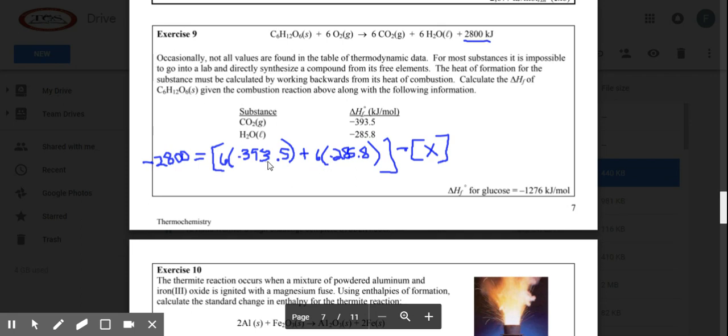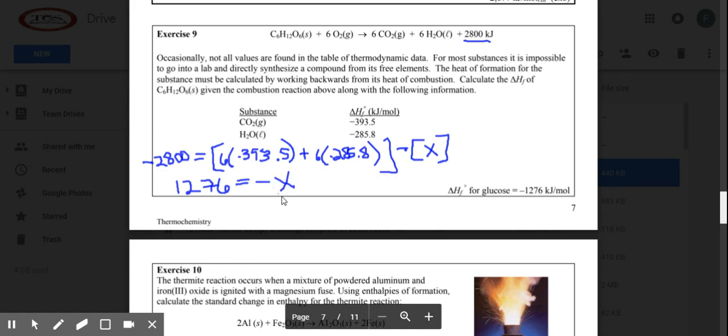So now it's just a matter of plugging this in correctly, being able to solve using the correct order of operations. Now, what you'll actually see, if I take all of this value and I subtract it to this side, or add, depending if it's negative or positive, which would probably be a negative quantity, so I would add it to this side, you get positive 1276 is equal to negative X. We don't want the negative delta H of formation of glucose.